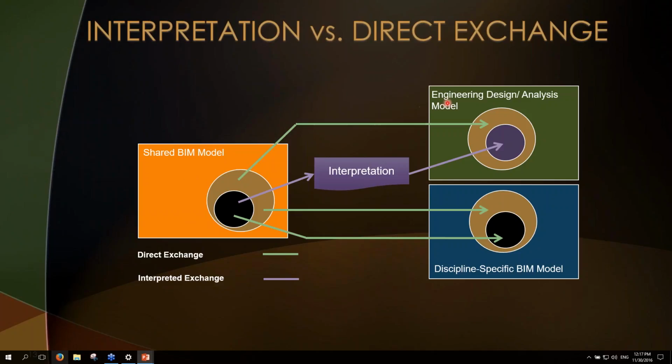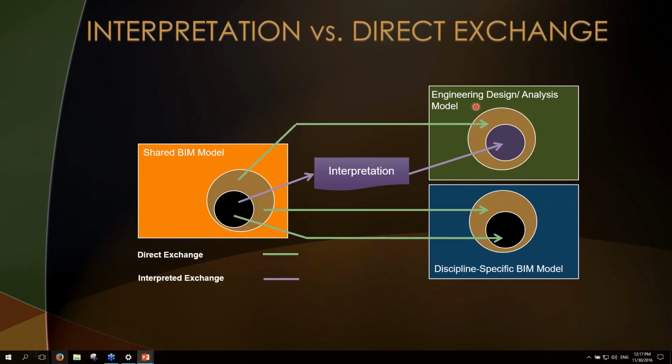They're not going to be exchanged to engineering design analysis, such as the information related to tiles in the kitchen. But there is some information that is going to be exactly the same in the engineering analysis model. Between the shared model and the engineering analysis model, they are the same, such as the height of a building story. So this is not information that is different.